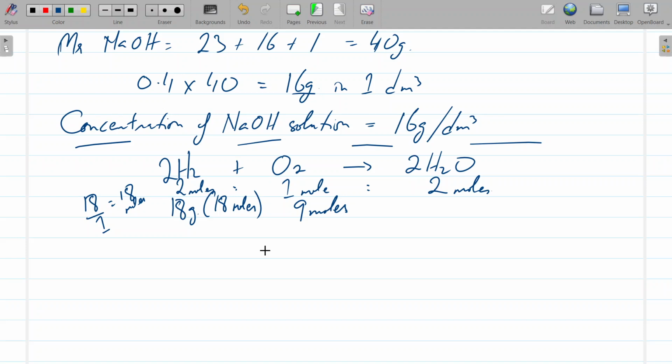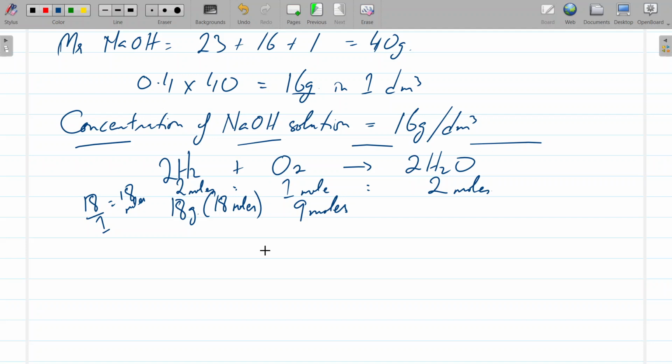Sir, is it because we have 2 moles and then we have 1, so we're going to have half of it? Exactly. That is why a balanced equation and the ratios are important. So I'm using 18 grams of hydrogen, which is 18 moles. When 2 moles of hydrogen react with 1 mole of oxygen, you're using half the oxygen as compared to hydrogen.